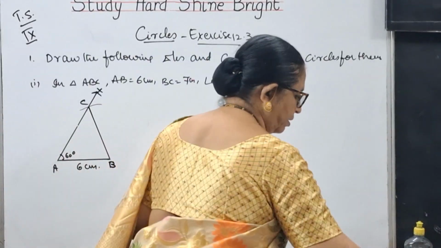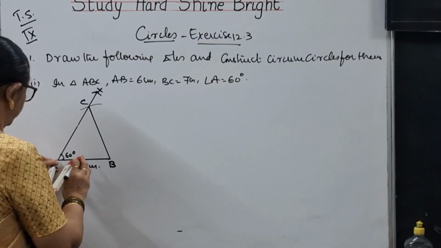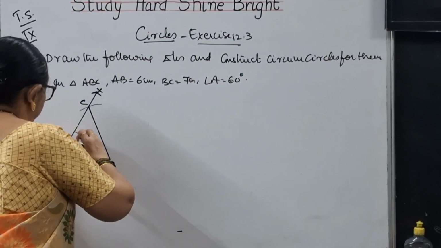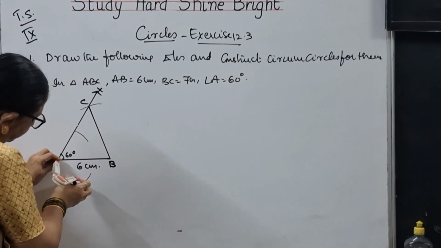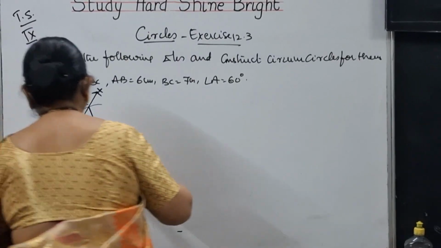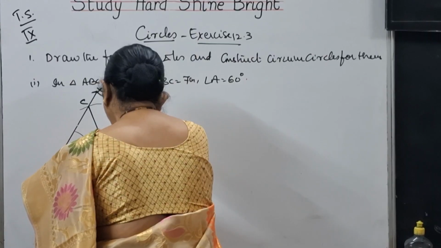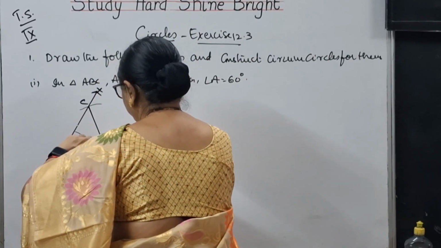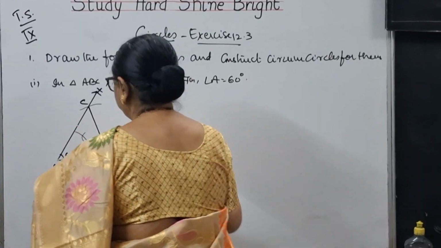So to draw the circumcircle, what do you have to do? A as center, more than half of AB as radius, you have to draw 2 arcs. Similarly, without disturbing it, whatever the radius, with that radius, B as a center, you have to draw 2 arcs.